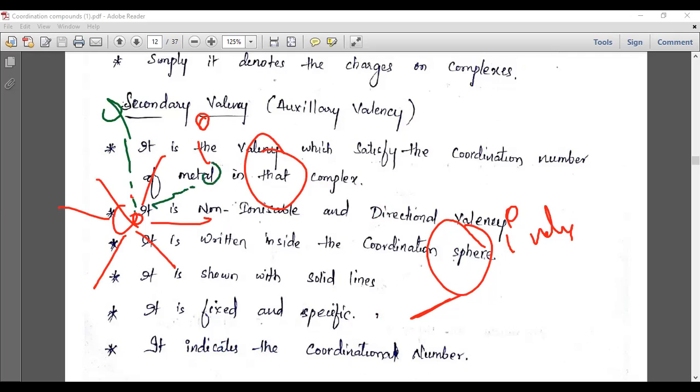You should write them only in dotted lines, because they are completely ionic ligands, completely involved in ionic bonding. But NH3 ligands are indicated with solid lines. You should understand these two points here.